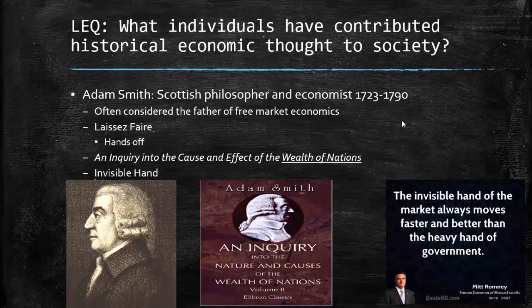The invisible hand is a metaphor which suggests that individuals acting in their own self-interest ends up benefiting society as a whole. I want to say that again. All right, so those of you that are actually listening, not just taking screenshots, you are going to get this quiz question right.